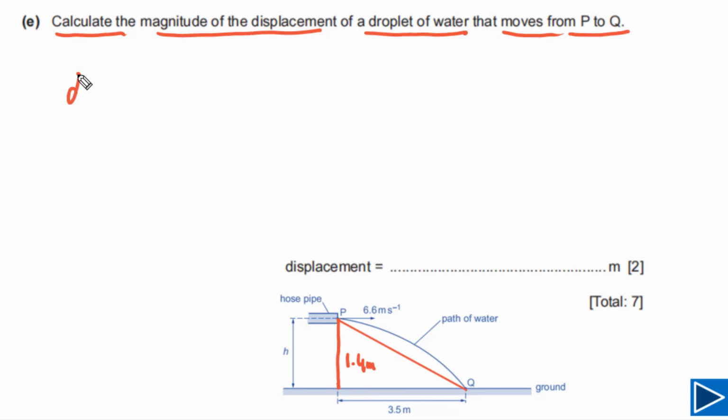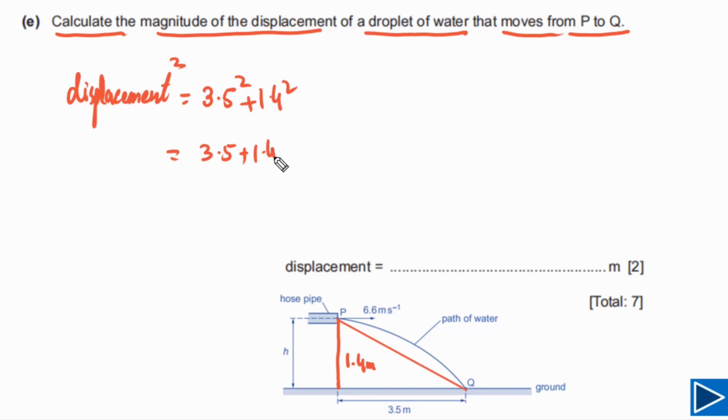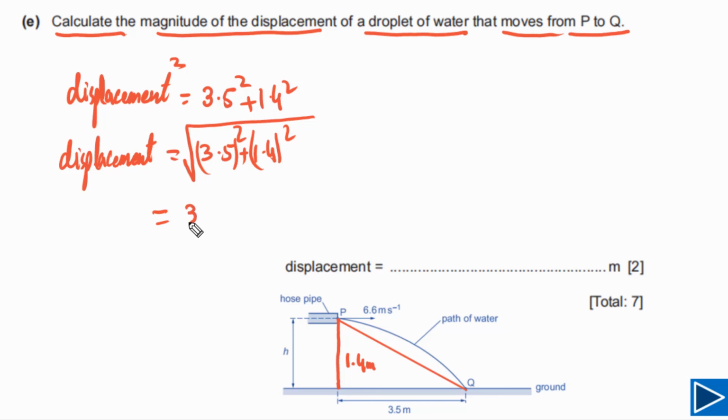So net displacement will be equal to the square root of 3.5 square plus 1.4 square. So the final value of displacement we can find out. Displacement in this case will be equal to 3.8 meters.